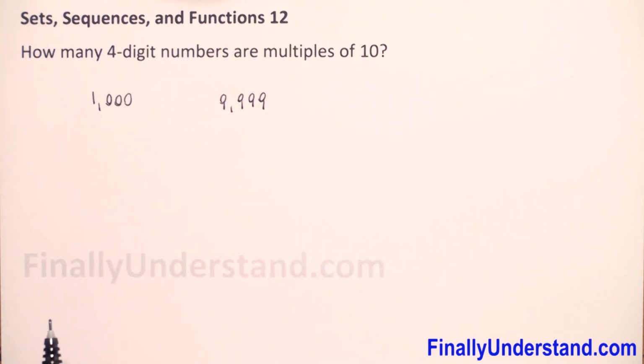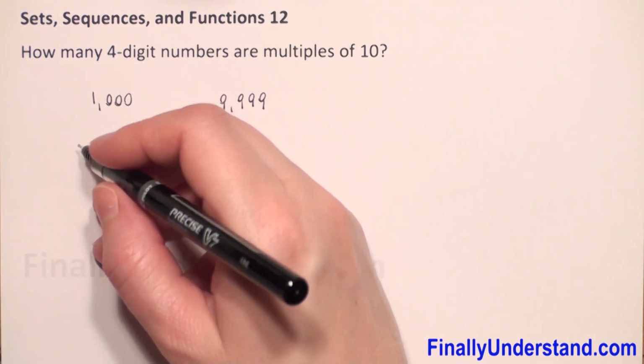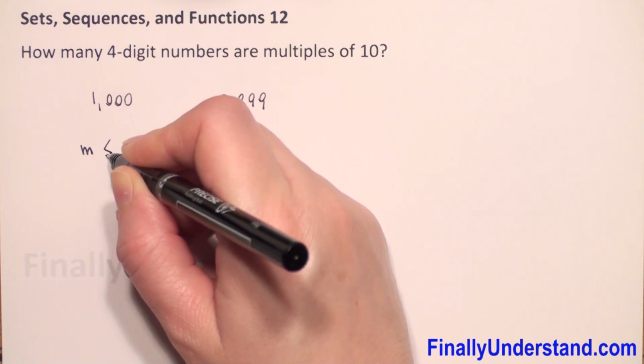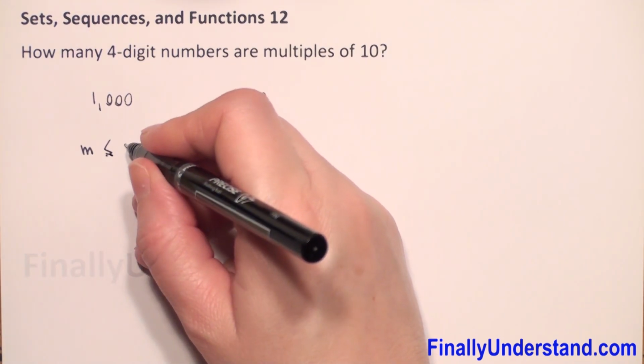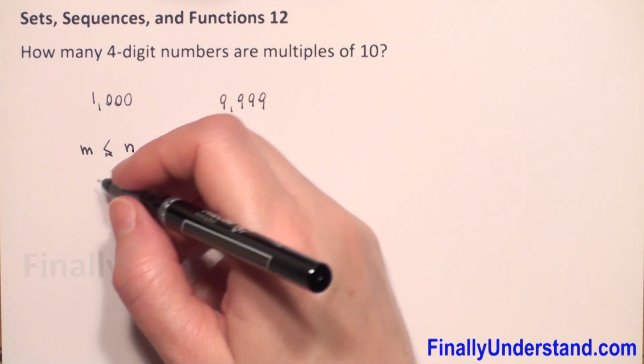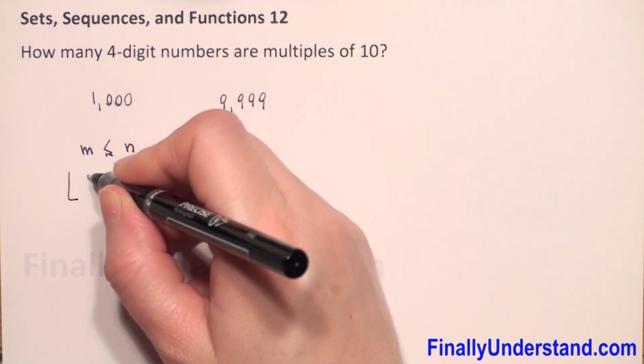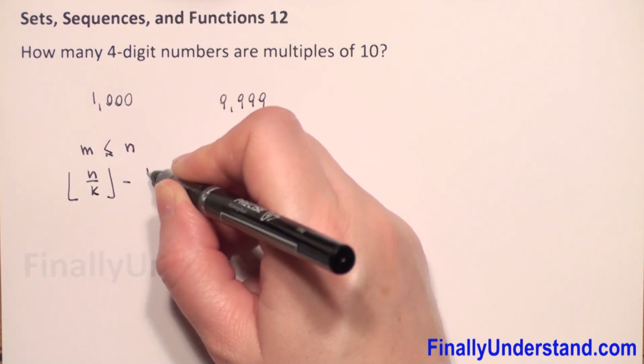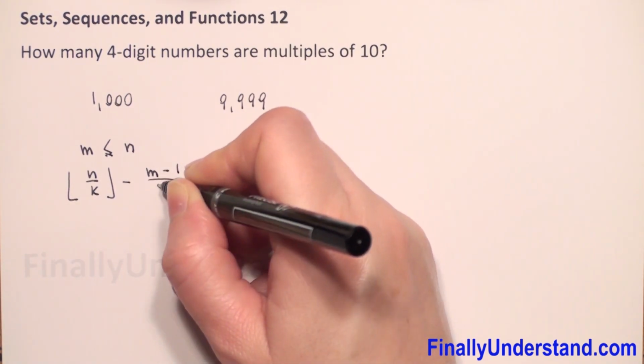We know that we have to find multiples of 10. So we will use the formula that the number of multiples of k between m and n, where m is less than or equal to n, is the floor of n over k minus the floor of (m minus 1) over k.